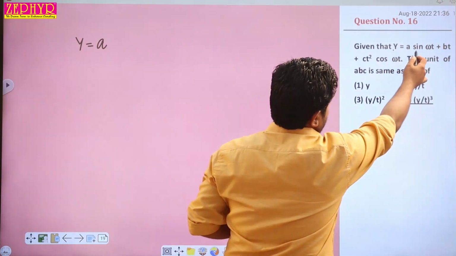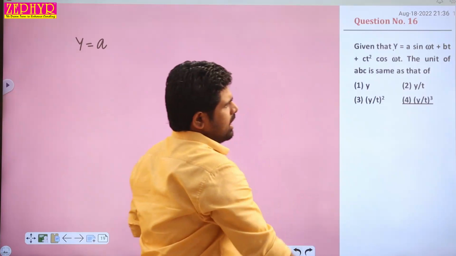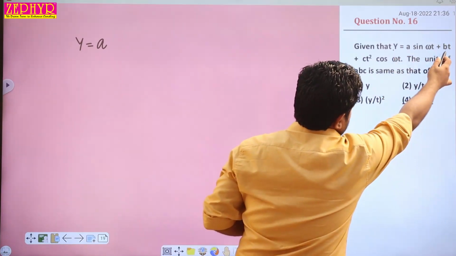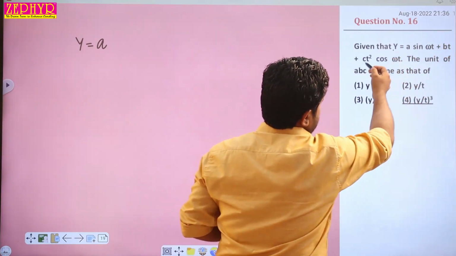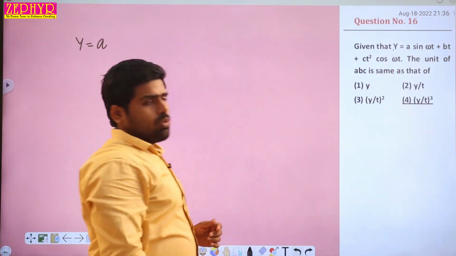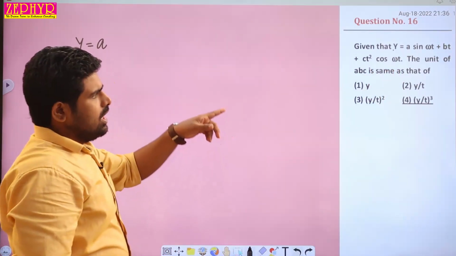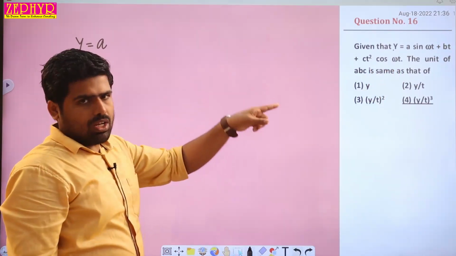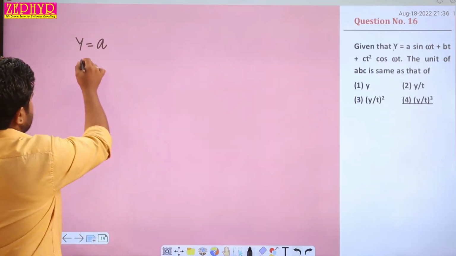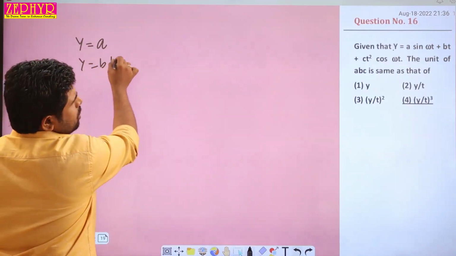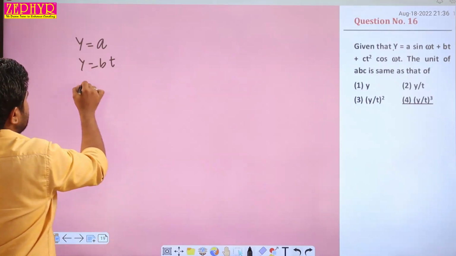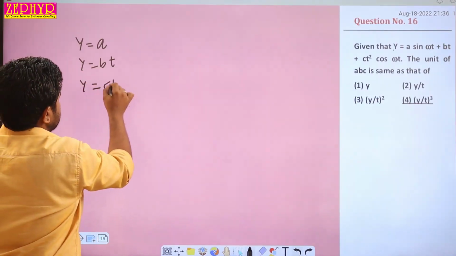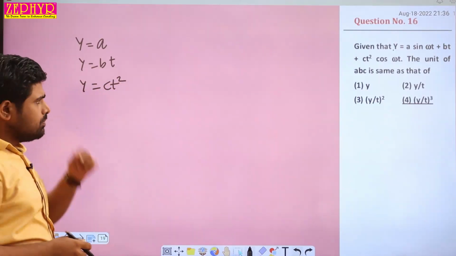So here the dimension of y is equivalent to A sin omega t, the dimension of y is equivalent to bt, the dimension of y is equivalent to ct square cos omega t. That means the unit of y is equivalent to A, the unit of y is equivalent to bt, and the unit of y is equivalent to ct square.